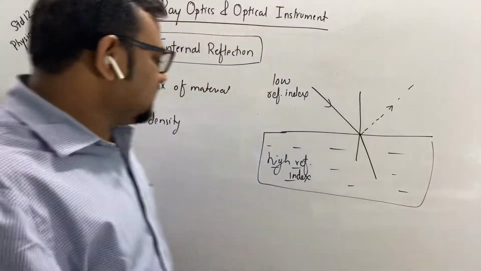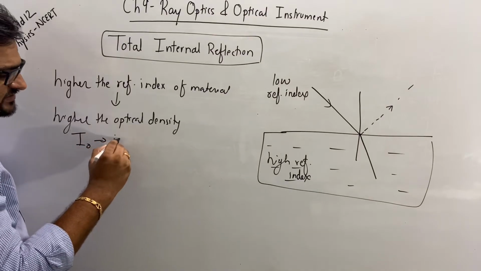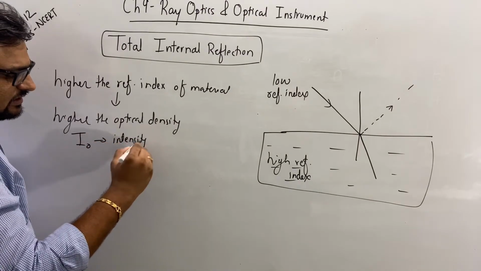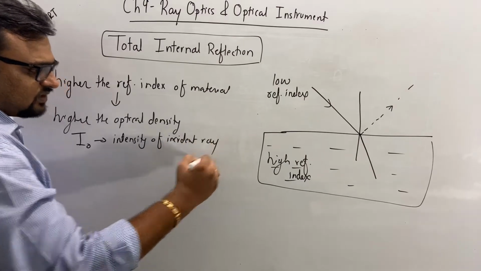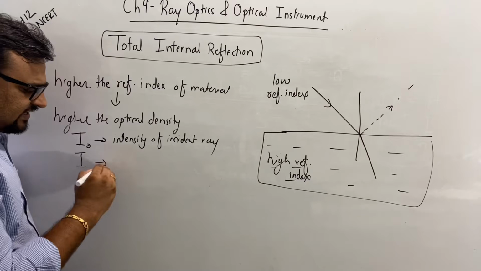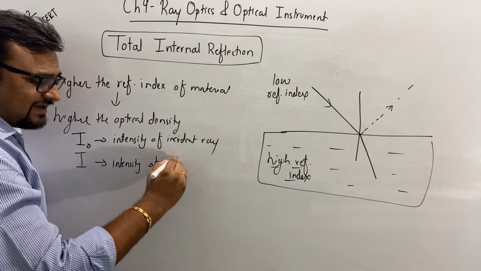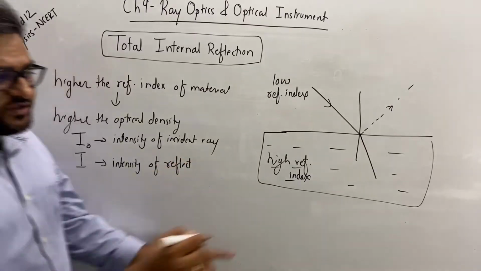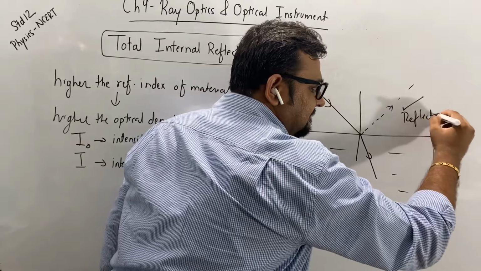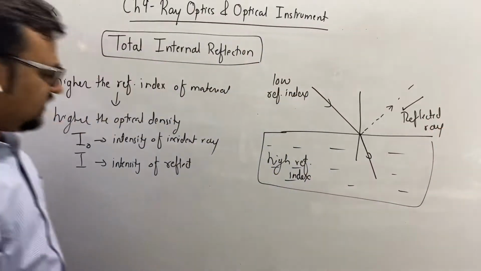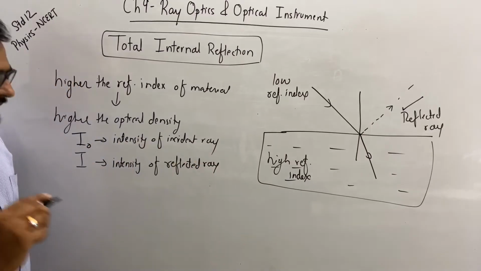Now see, if I0 is the intensity of the incident ray, and I is the intensity of the reflected ray. I'm not talking about the refracted ray, I'm talking about the reflected ray.